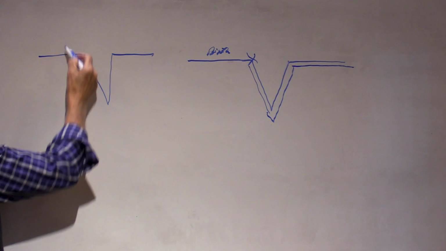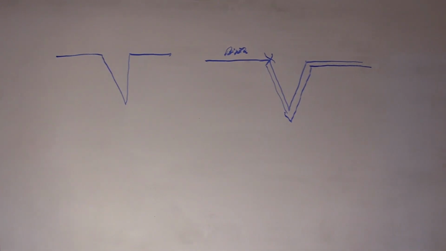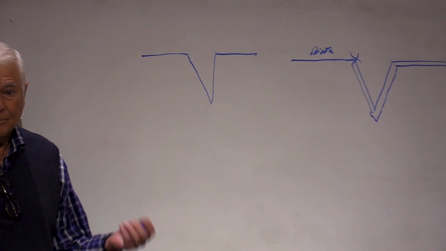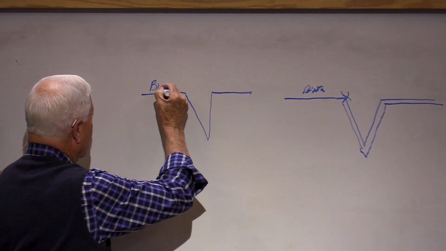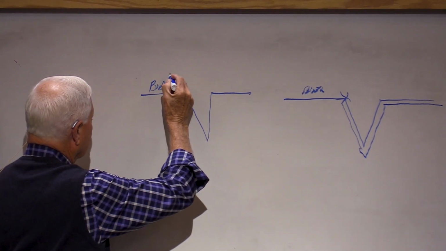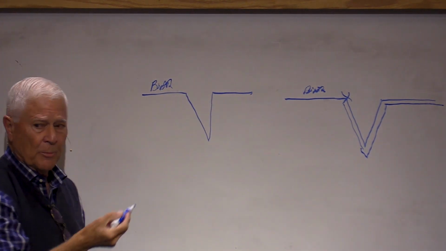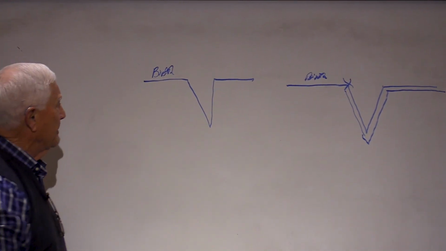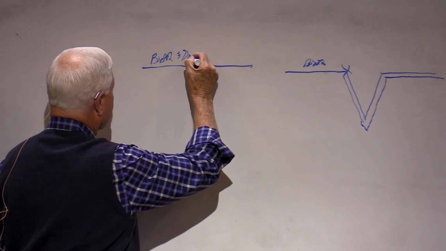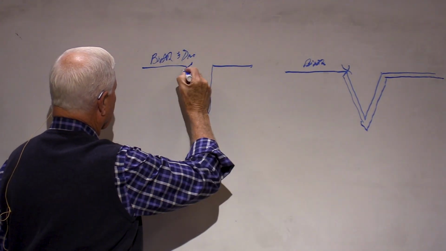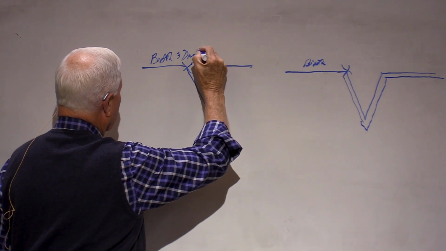What do you want to put up here? Okay, his birth. And what's he doing for a while? And growing up and studying. Okay. Birth and some development. Maybe some preaching.